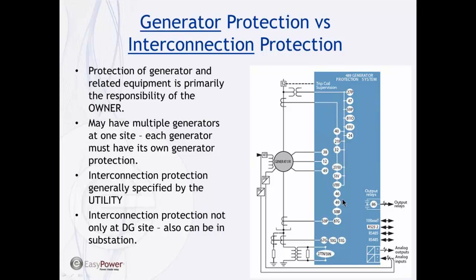Don't have to be, but the utility or the transmission operator is going to provide rules and guidelines as far as your interconnection protection. So as far as the actual generator protection, that's more the responsibility of whoever owns the generator. So just keep in mind that those are related, but they're not necessarily going to be the same protection.